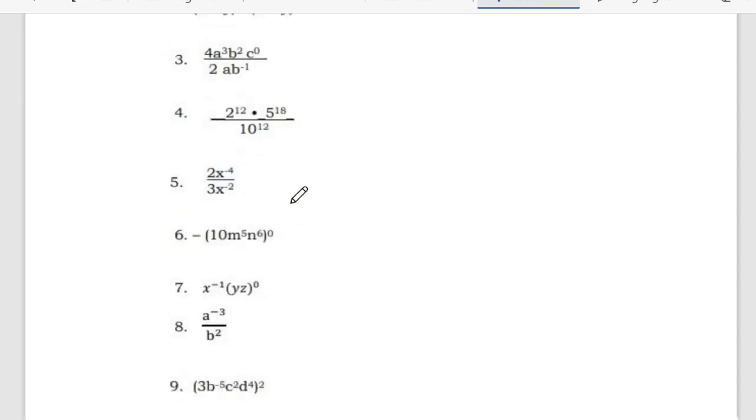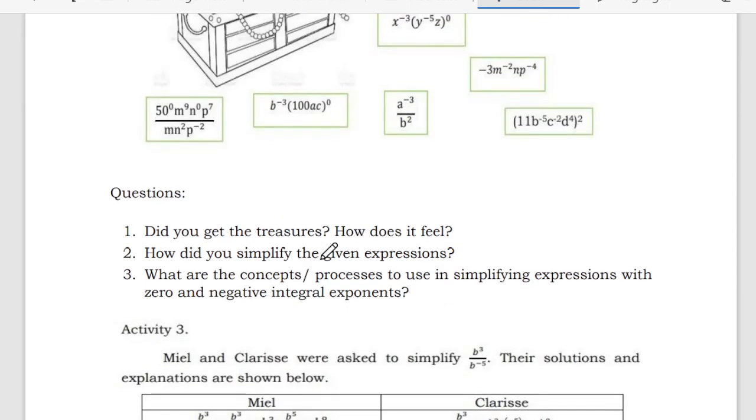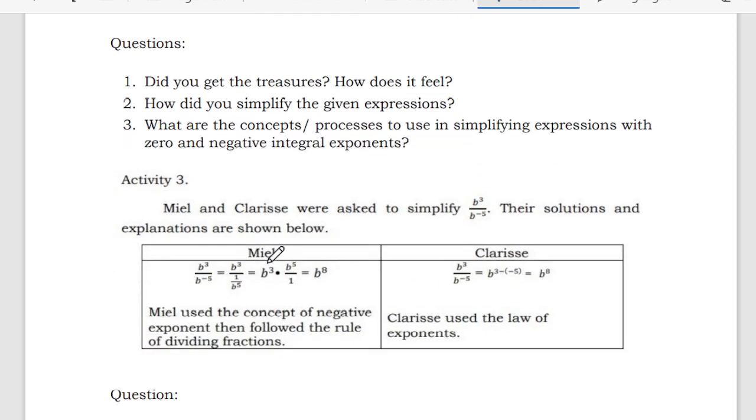You just simplify. And then how did you get the treasure? How does it feel? How did you simplify the given expression? What are the concepts and processes to use in simplifying expressions with zero and negative integral exponents?